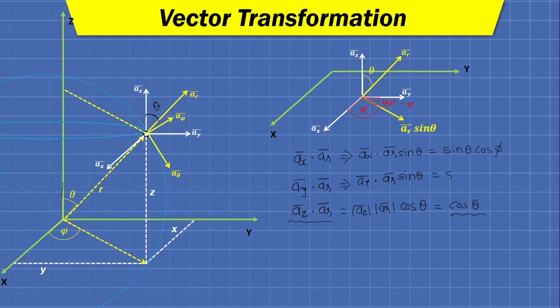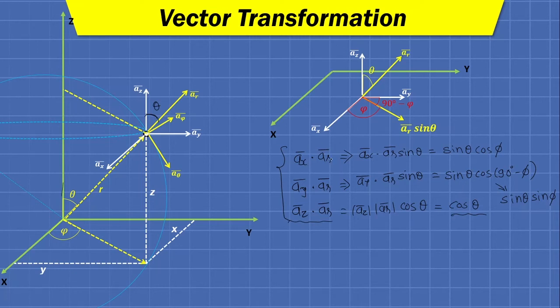Here also sin theta will be there, but the angle between ay and ar sine theta is 90 minus phi, and cos of 90 minus phi is nothing but plus sin phi, so it will be sin theta sin phi. So this is the easiest practice to determine the values of these dot products.